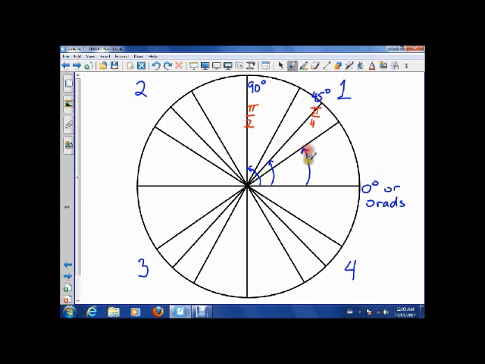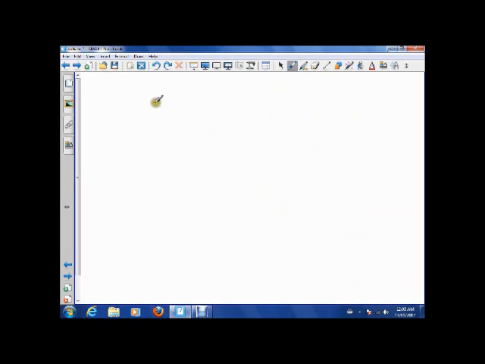Let's do this one here. This one looks like it's a third of the way between, so we'll call it 30 degrees. And the question is, how do we convert 30 degrees? Well, 30 out of 360 is the same as, we don't know what, out of 2 pi.